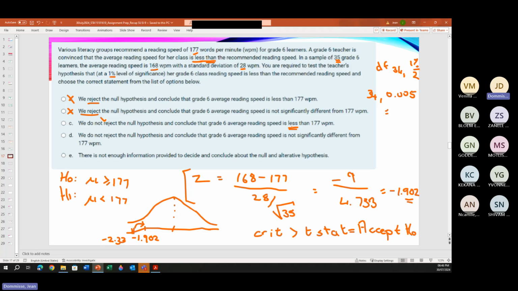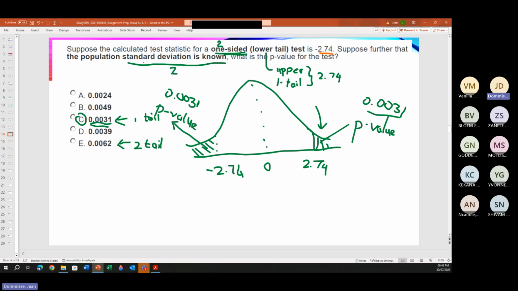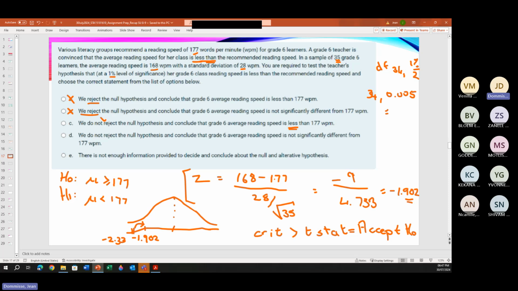I'll check for you guys if I have something else on this, because all of this currently was only looking at Z, and they specifically said for all the other ones, population standard deviation is known.